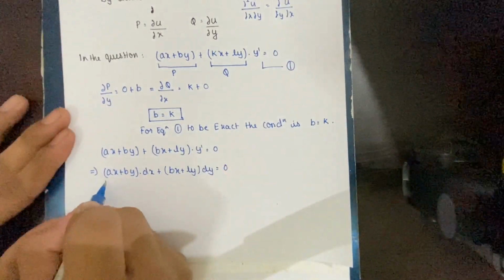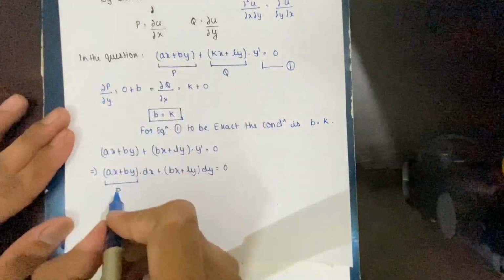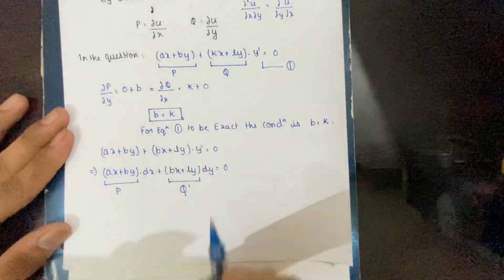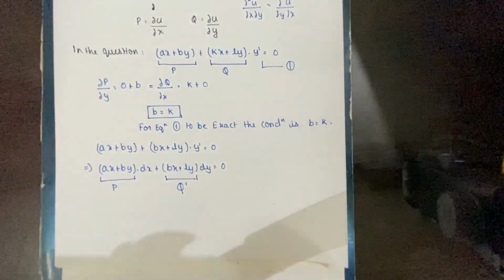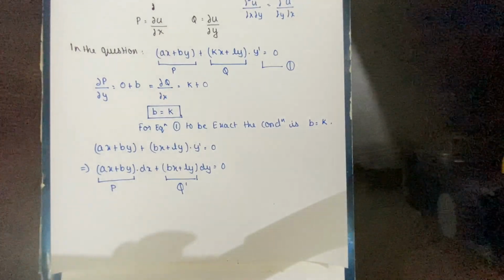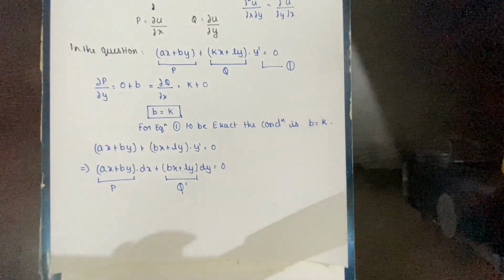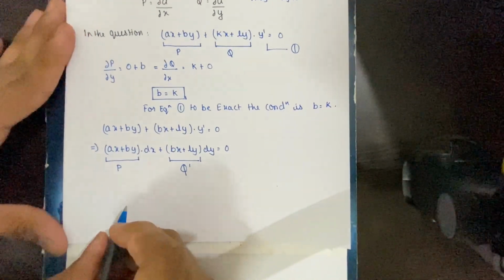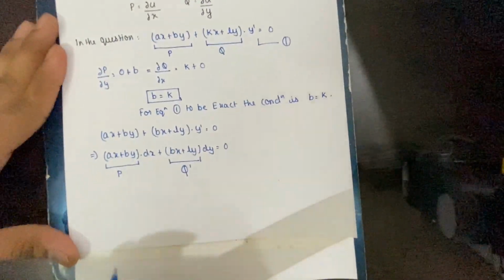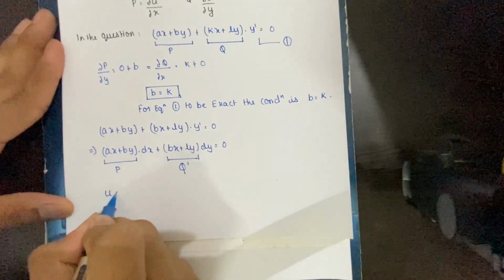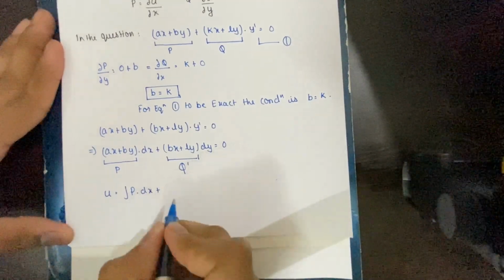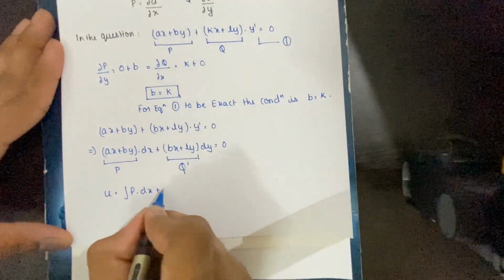So now I'm going to call this p, and this as q dash because I already named something as q. Essentially we're just going to replace q with q dash in all the formulas. So u, the u which we talked about in Clairaut's theorem, equals the integral of p dx plus some constant function of y.